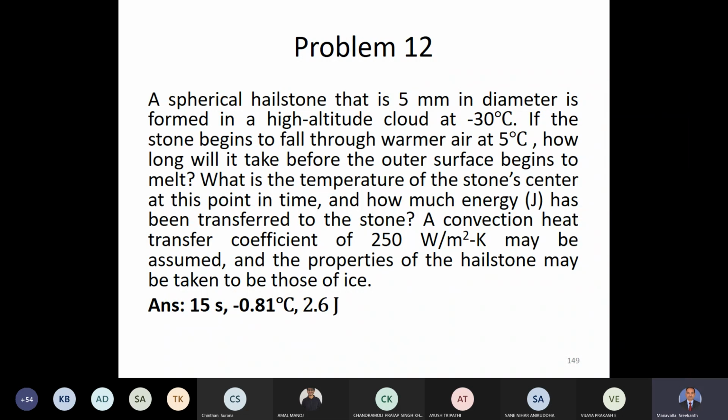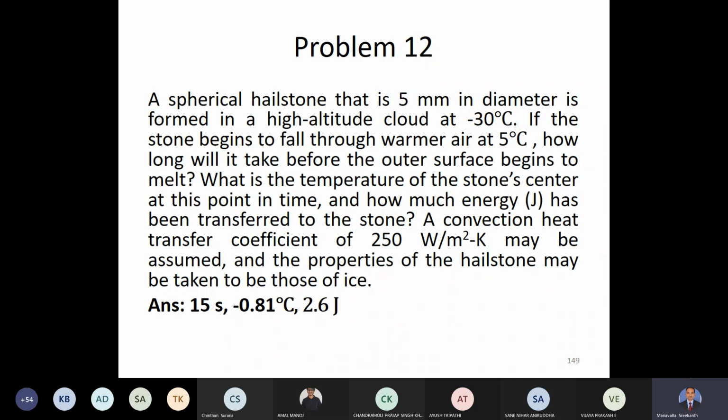Okay, so this particular problem that we are trying to solve has got, as I gave you this example, another application of re-entry vehicles. But just remember, there are two reasons for the heat transfer to take place in this particular problem. One is the low temperature of this hailstone and the slightly higher temperature of the atmosphere.